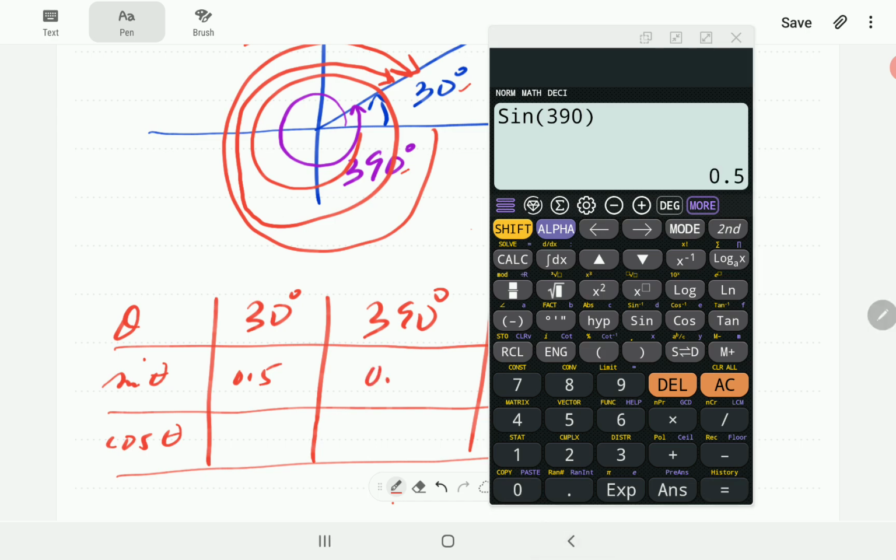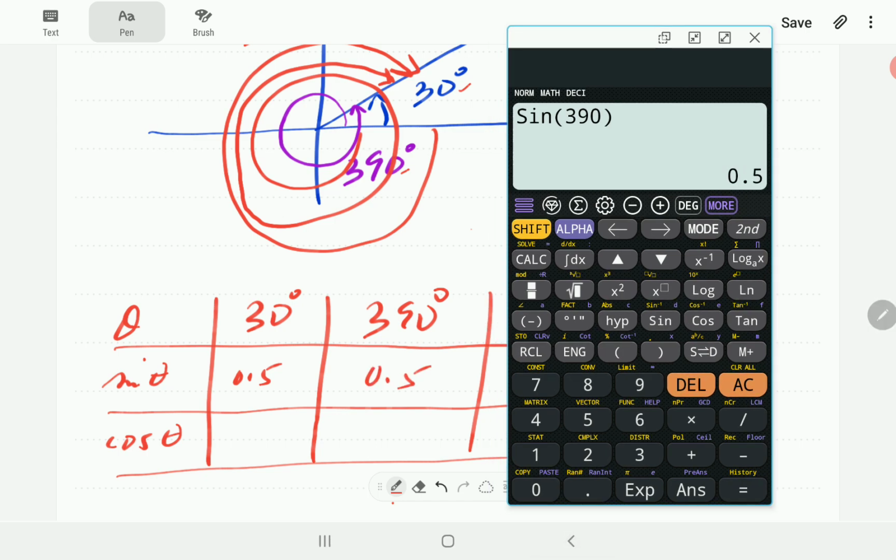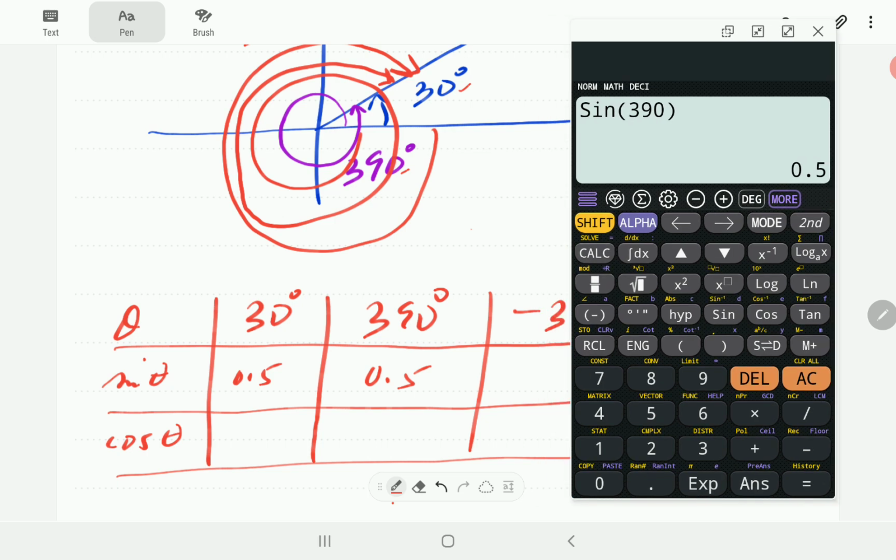Also 0.5. And then let's do sine of negative 330. It is also 0.5. Okay, then let's do the cosine.